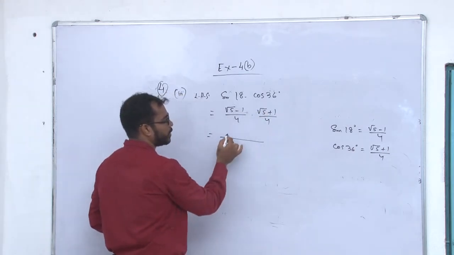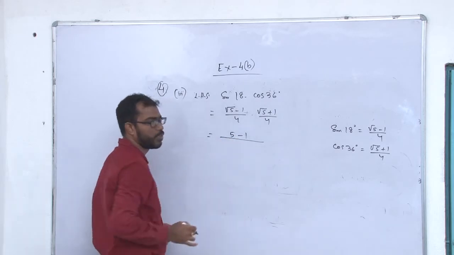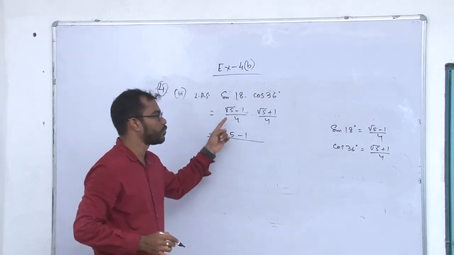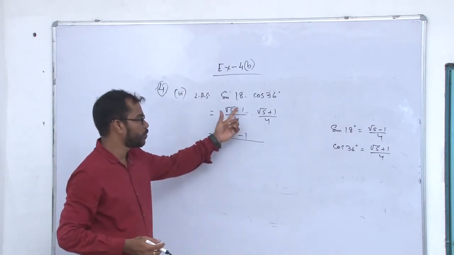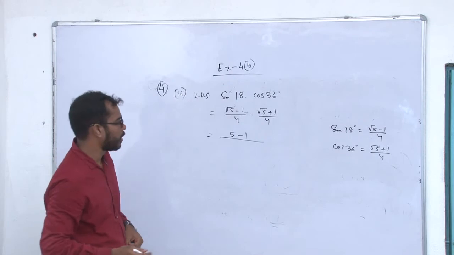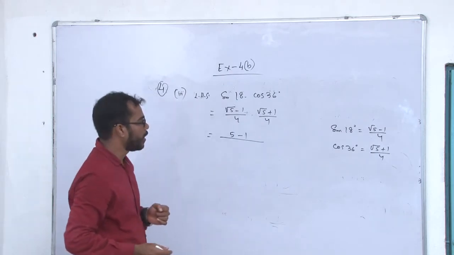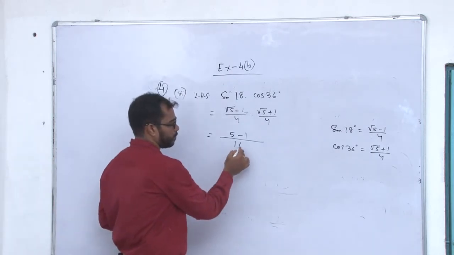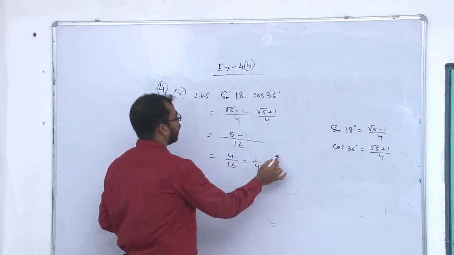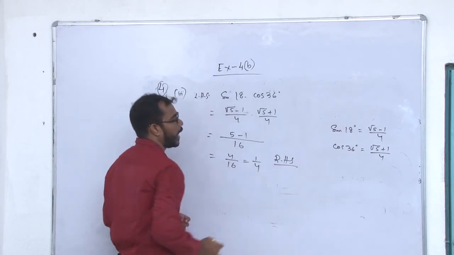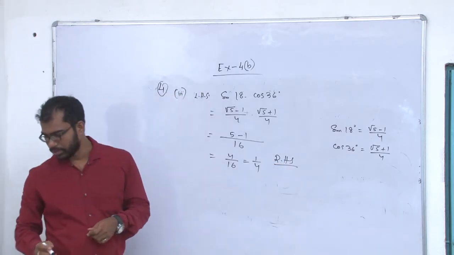So you can write here 5 minus 1, because a square means square of root 5, that is 5, minus b square, square of 1, that is 1. So 5 minus 1 by 16, so 4 by 16, that is 1 by 4. And this is the RHS of the expression.